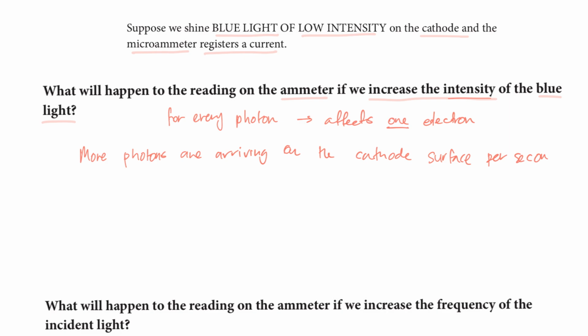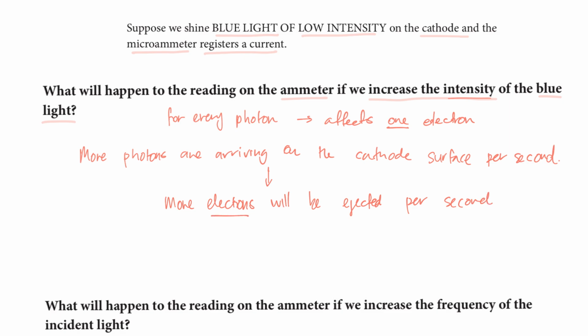Per second. If I have more photons per second, that will result in more electrons being ejected per second.